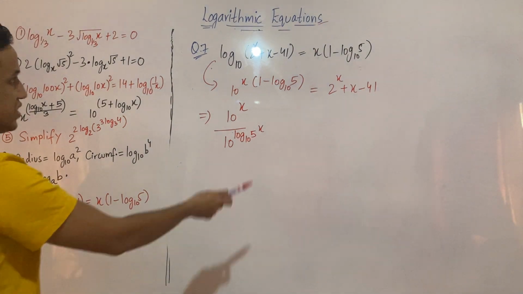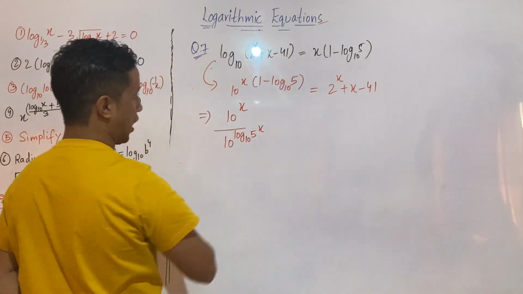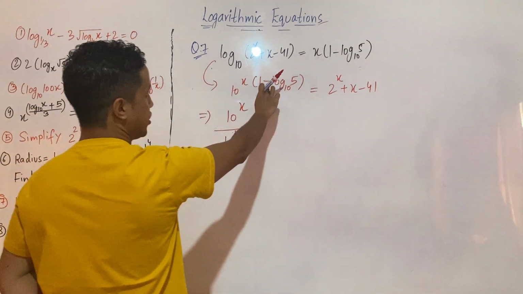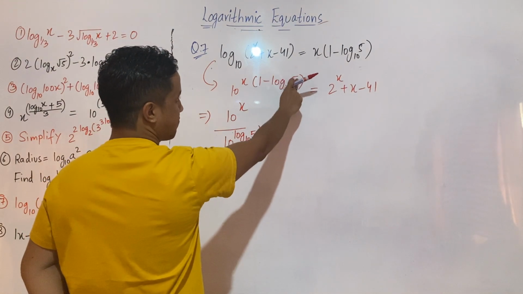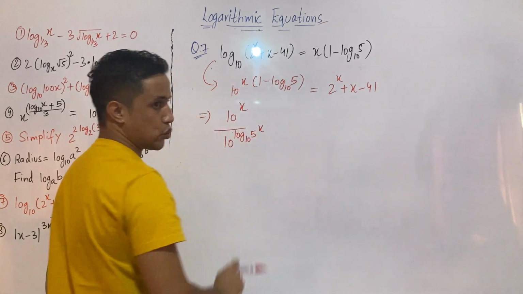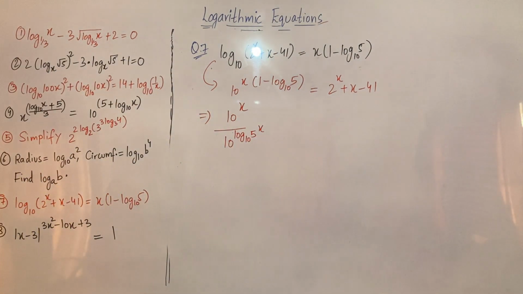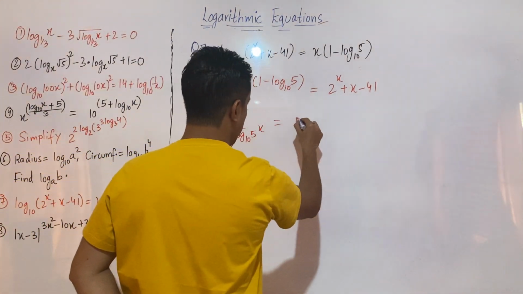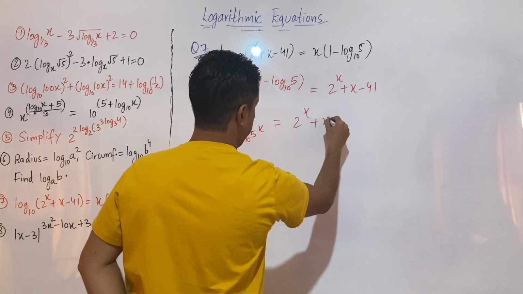Why? Because this x will get multiplied inside, and here x log 5 base 10 can be written as log 5 raised to x base 10. Okay, so I hope you agree with me.